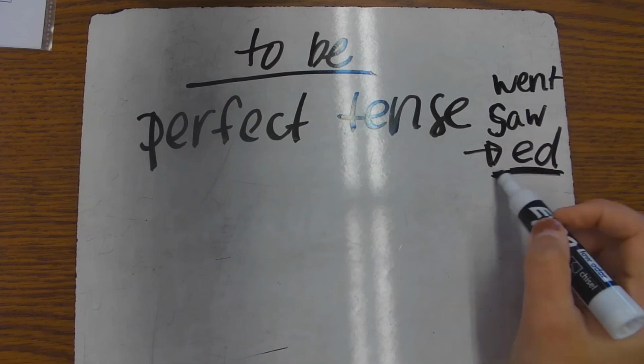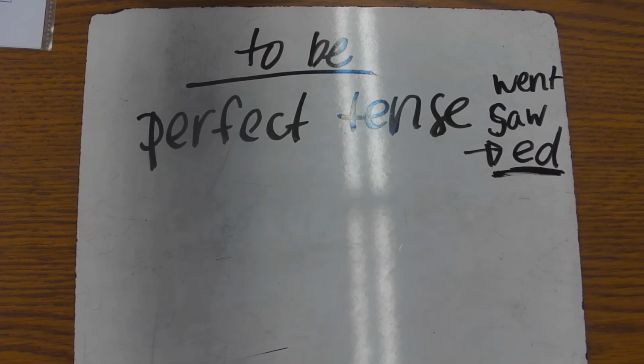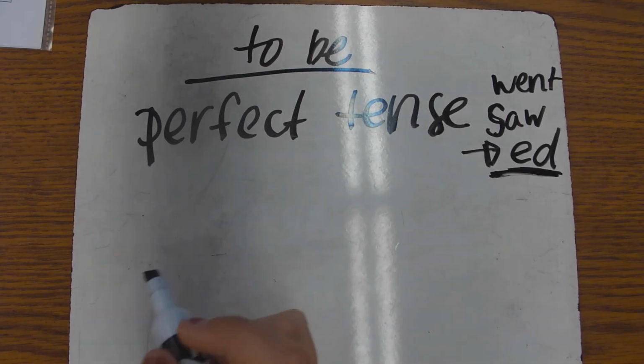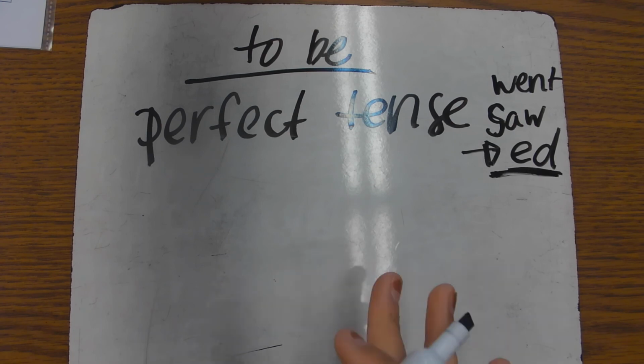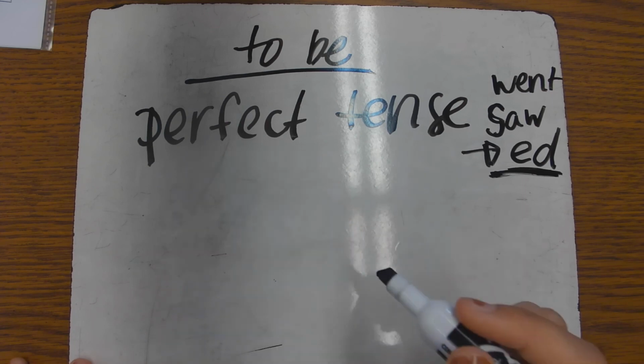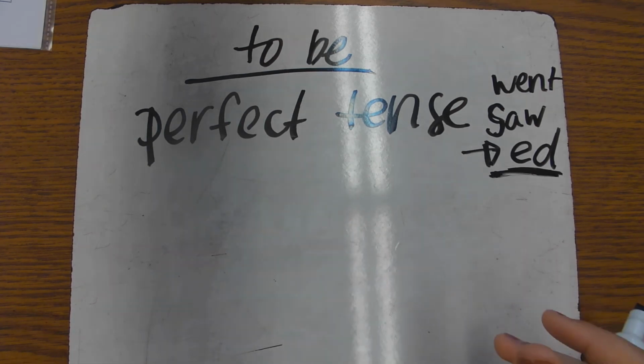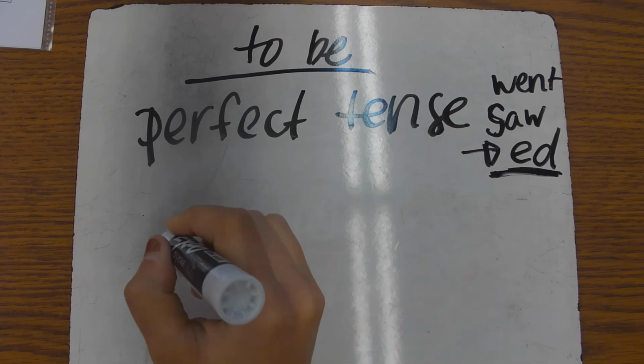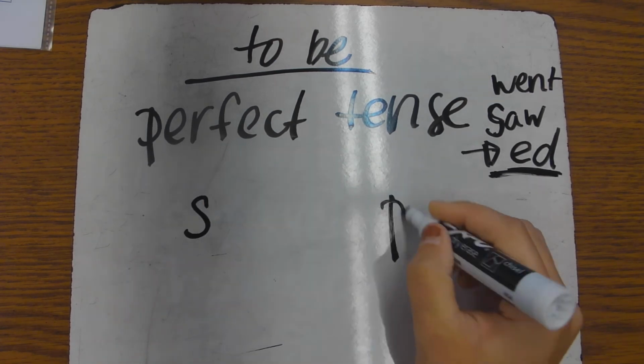But this ed ending just by itself is the perfect tense. It shows actions are done and completed in the past. They are no longer being done at all. Okay, so the really nice thing about this is that all the endings are the same for all 4 conjugations. So ARE, long ERE, short ERE, and long IRE, all of the endings are the same. All right, so singular and plural.